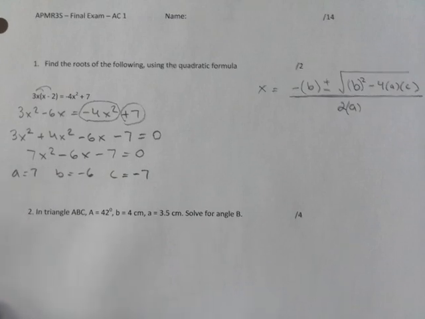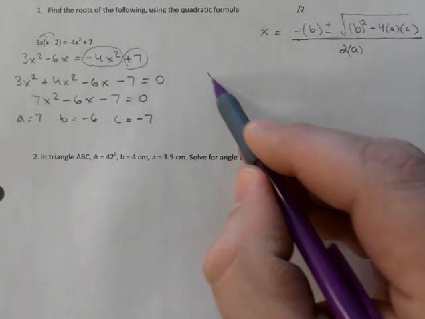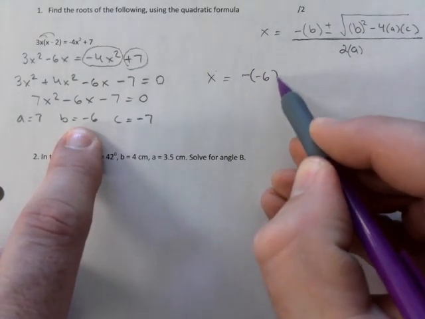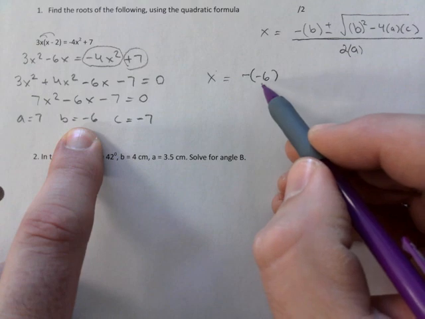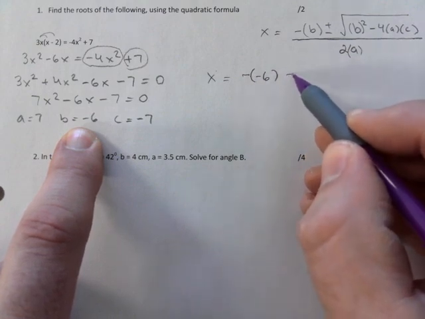So try to be as fluent as possible here, okay? And then we plug in negative B. See how that works? The bracket, you plug in whatever B ends up being.